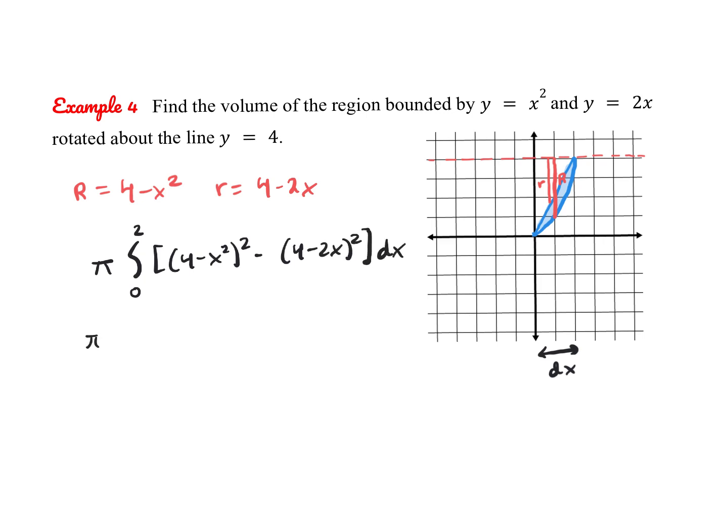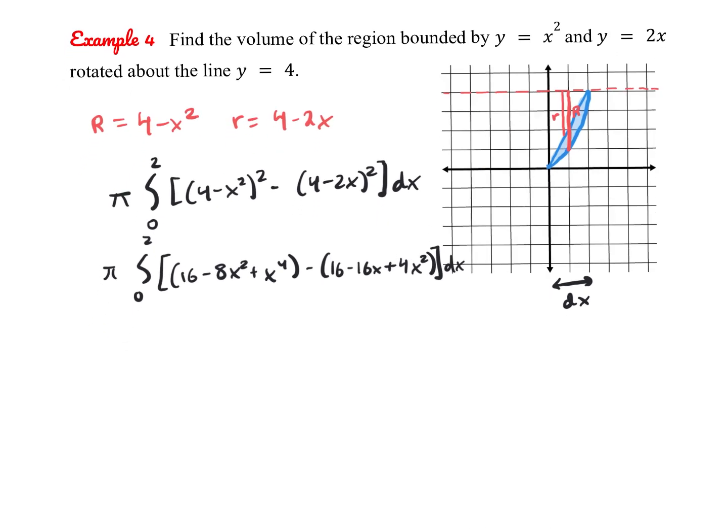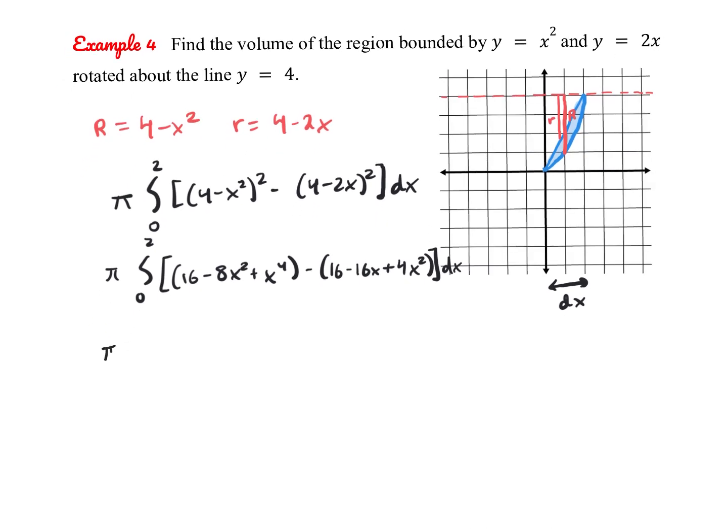dx. Then from here, it's just kind of plugging through, so I need to multiply out my binomials. All of this is dx. Then, if we combine like terms, we have 16x minus 12x squared plus x to the 4th dx.